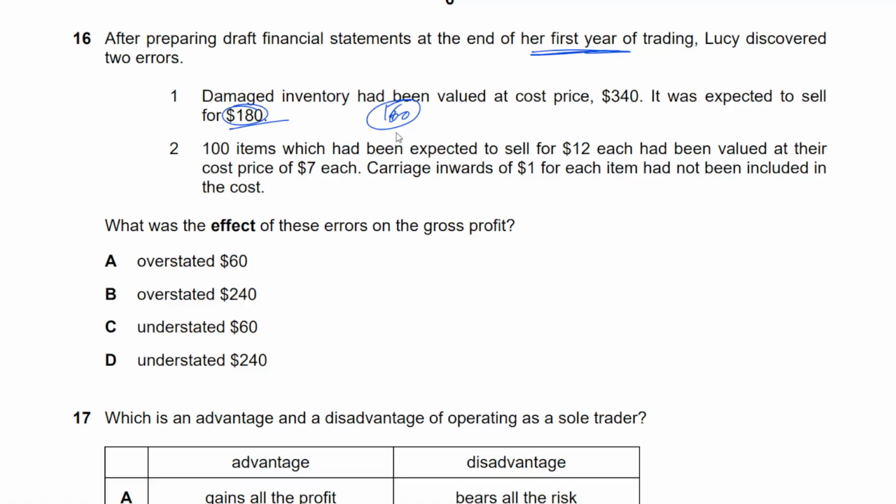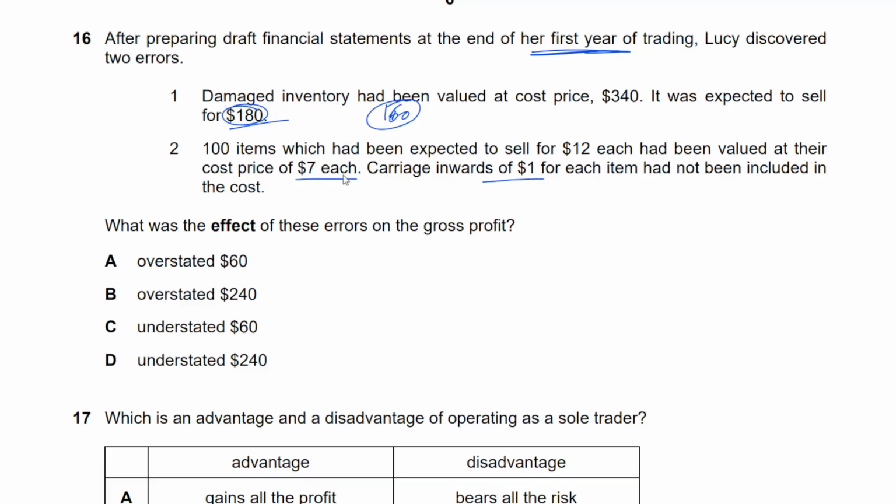100 items which had been expected to sell for $12 each had been valued at their cost price of $7 each. Carriage inwards of $1 for each item had not been included in the cost. For the closing inventory, we have taken the cost as $7. You should know that the carriage inward is also counted as part of the cost.